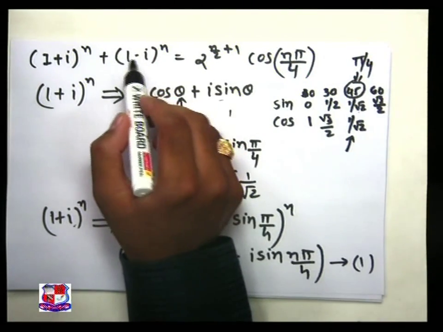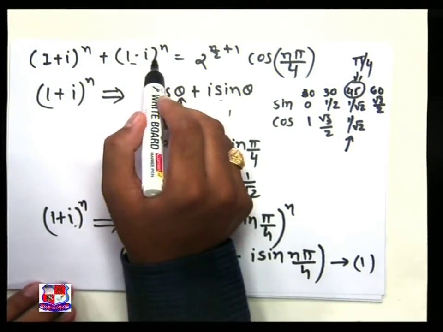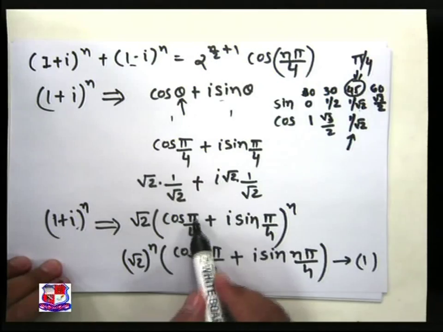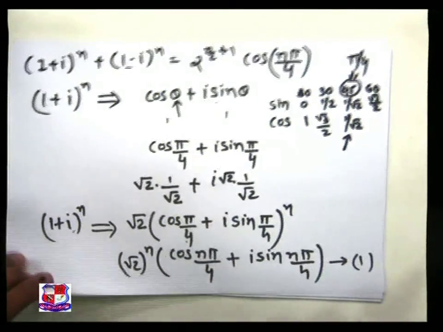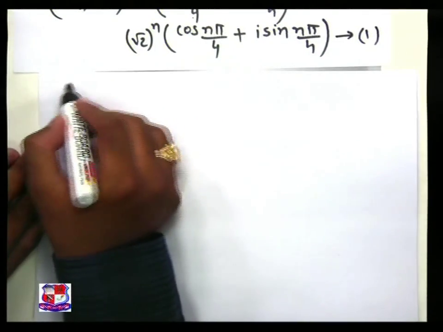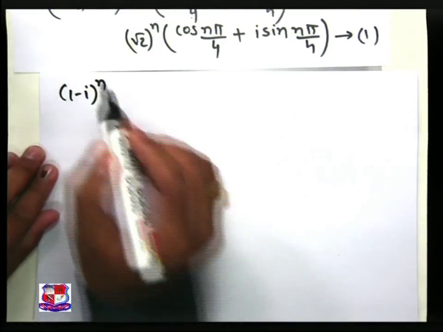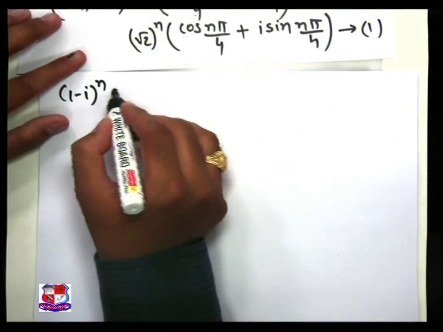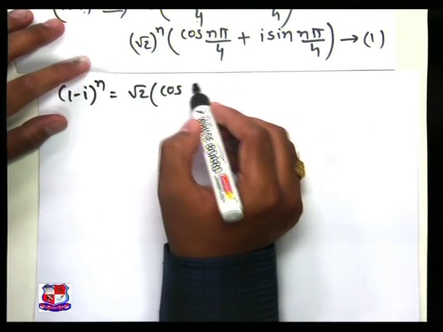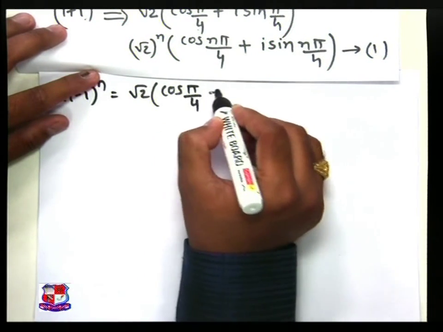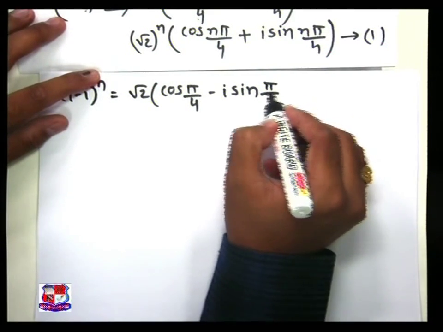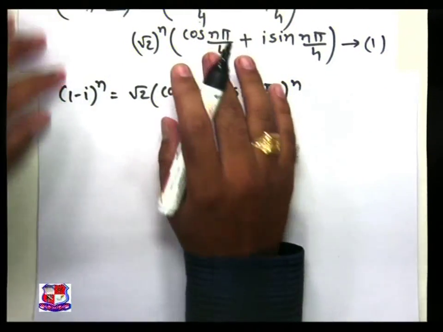Now we want to simplify (1 - i)^n. This becomes √2 (cos π/4 - i sin π/4). So we can write (1 - i)^n equals [√2 (cos π/4 - i sin π/4)]^n.